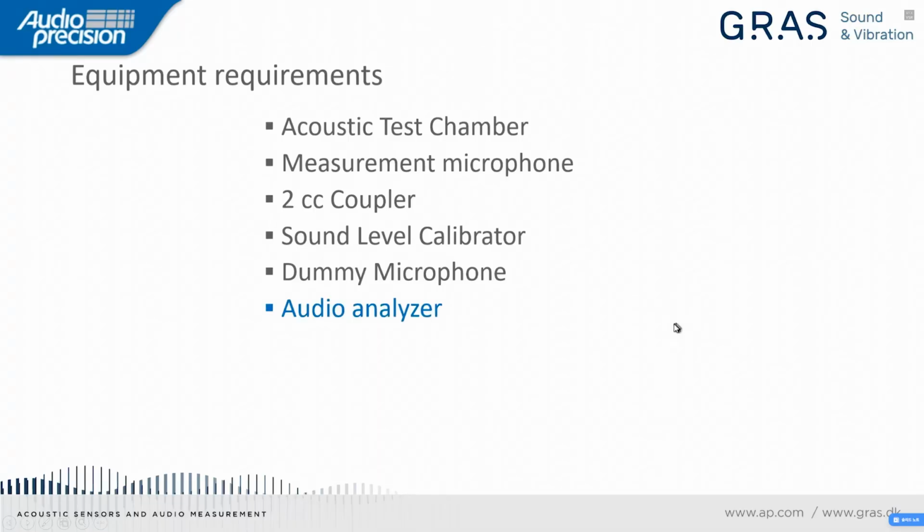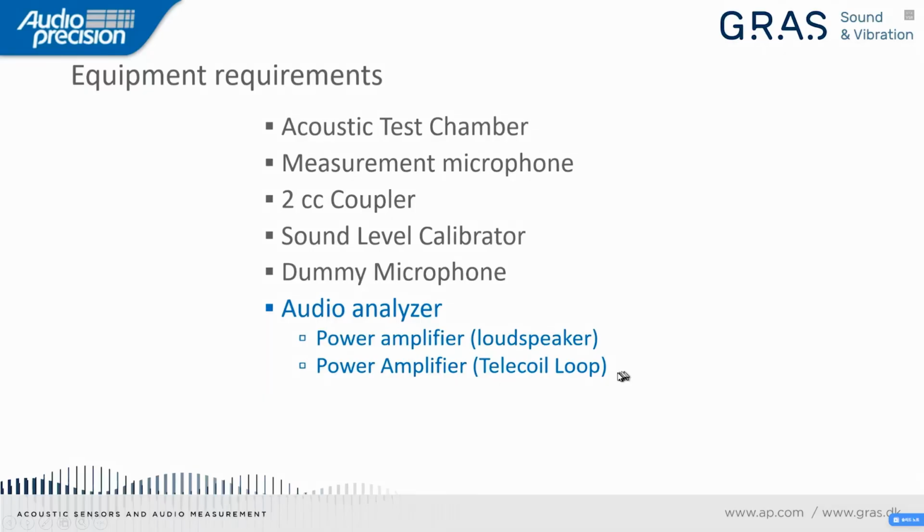Finally, we need an audio analyzer, and some additional accessories that are required are a power amplifier to power the loudspeaker, a power amplifier to drive the telecoil loop of the test box for telecoil tests, a microphone power module for signal conditioning of the measurement microphone, and a battery simulator to power the hearing aid and to measure the battery current. Now, I've colored all of these devices the same color as the audio analyzer, and that's because in the measurements that I'll be doing today, I'll be using our APX 511 audio analyzer that has all of these accessories built into it directly.